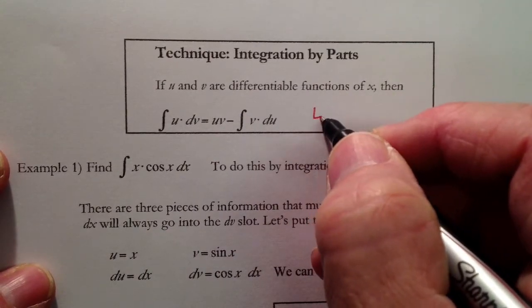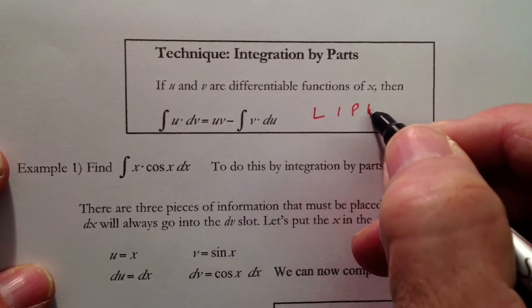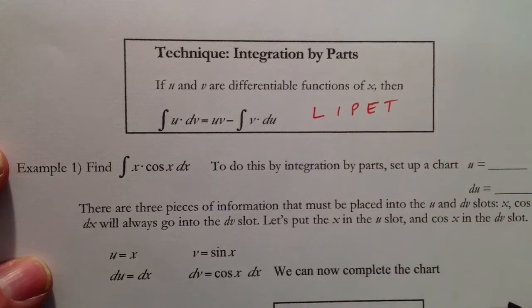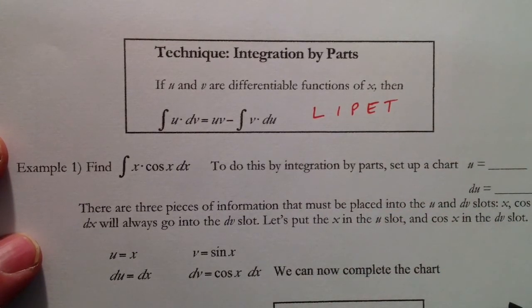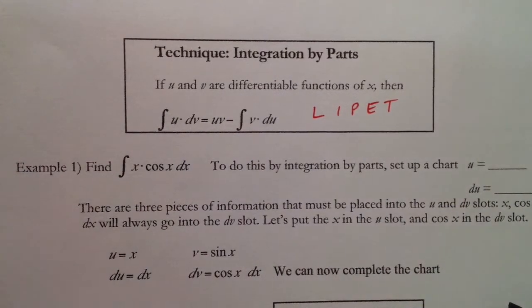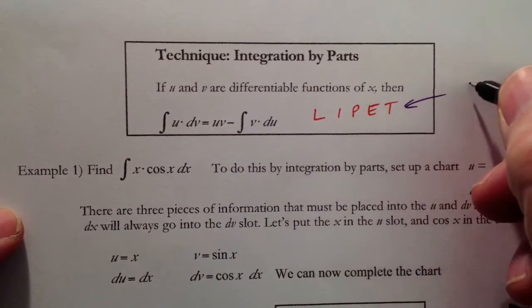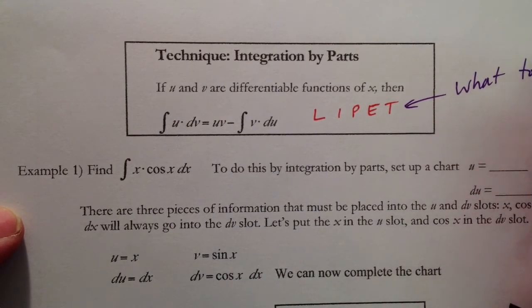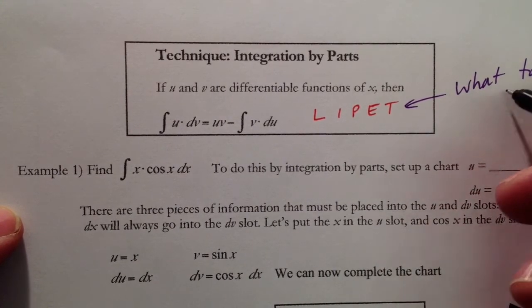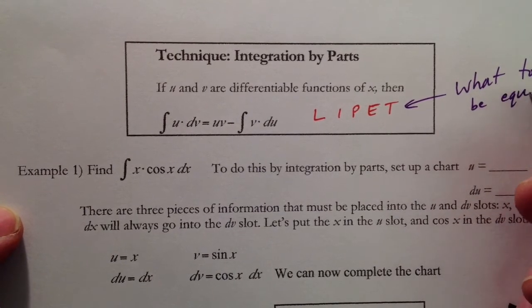I also want you to write the acronym LIPIT. Okay, make sure you spell that right. LIPIT is, like I said, an acronym, and it's going to help us determine what to let u be equal to. Okay, so let me explain.